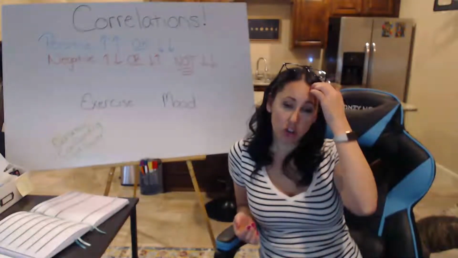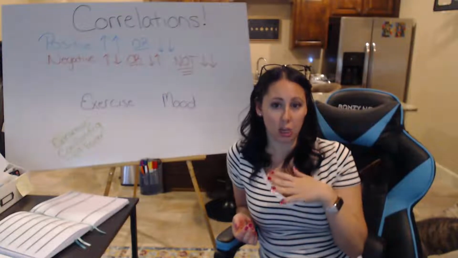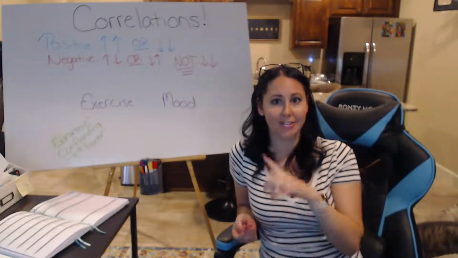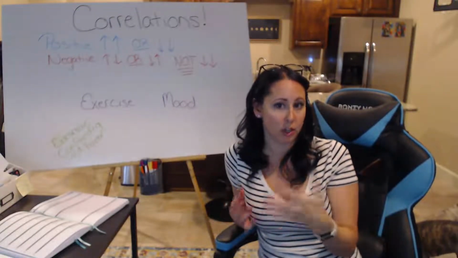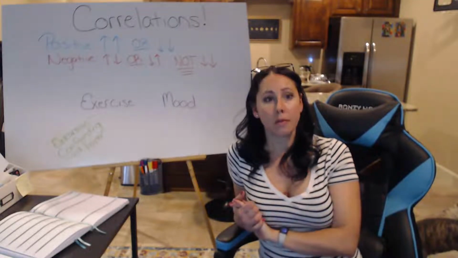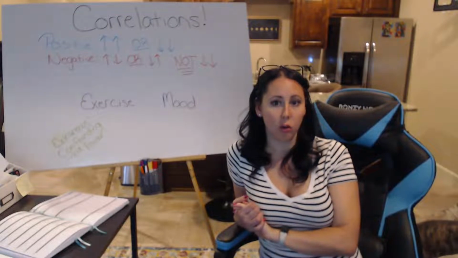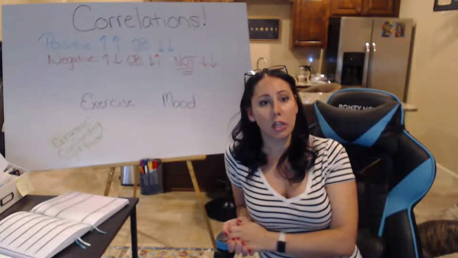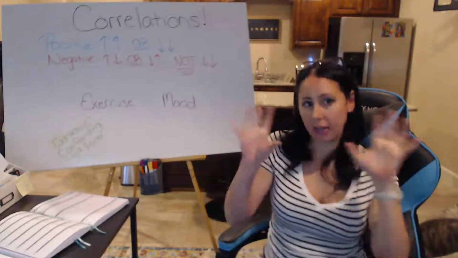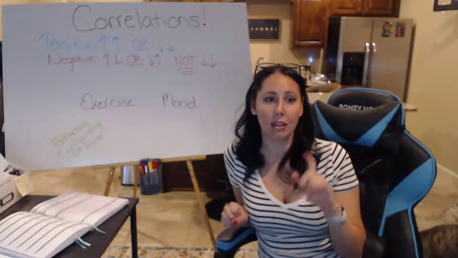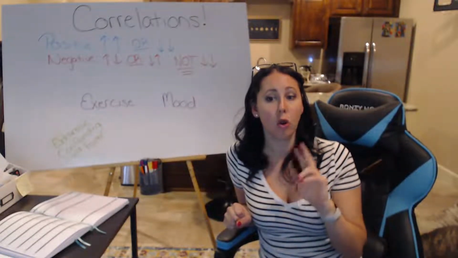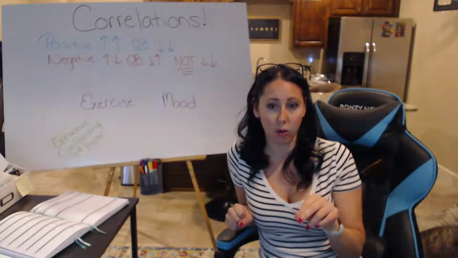So when we're talking about linear correlations, which on the next video we'll talk about linear versus nonlinear correlations, the majority of the time in statistical analyses we are discussing linear correlations. And a linear correlation is divided into the possibility of being either a positive correlation or a negative correlation.